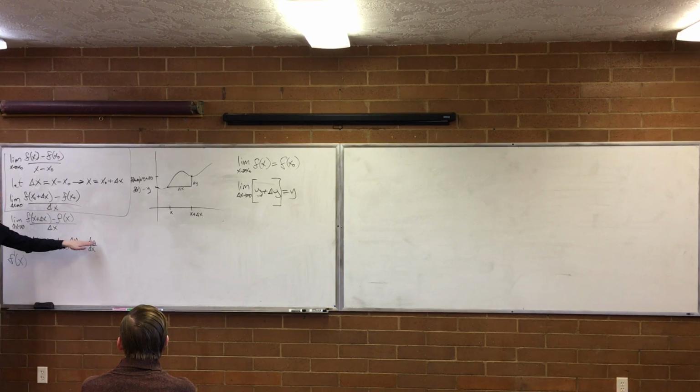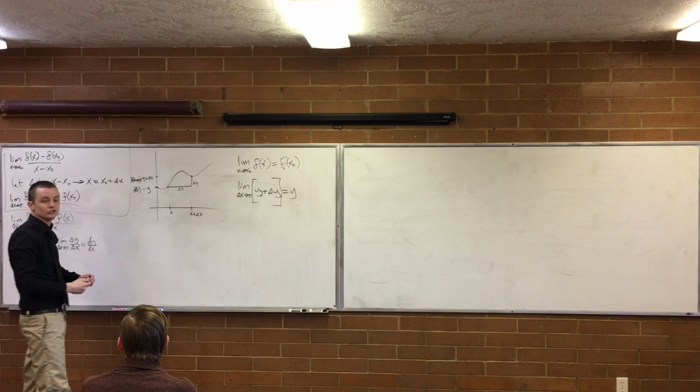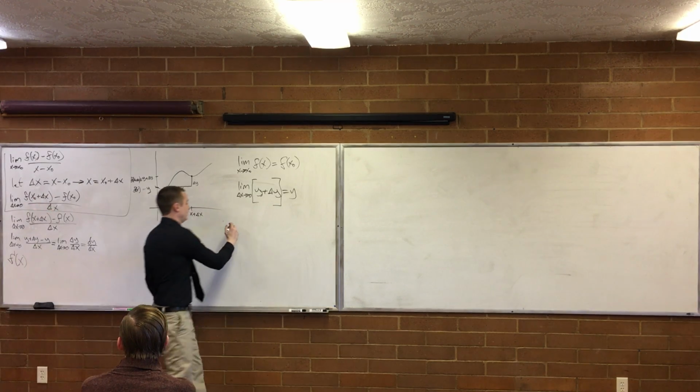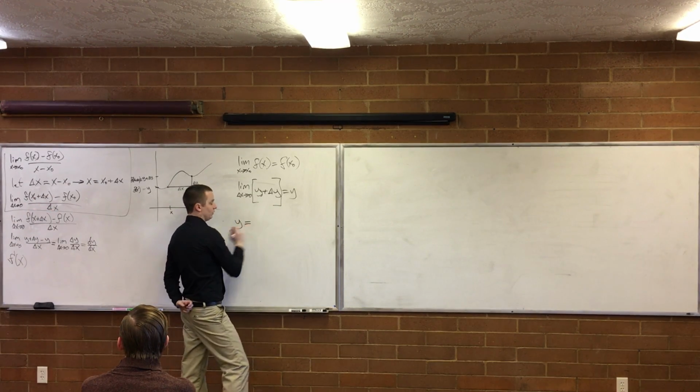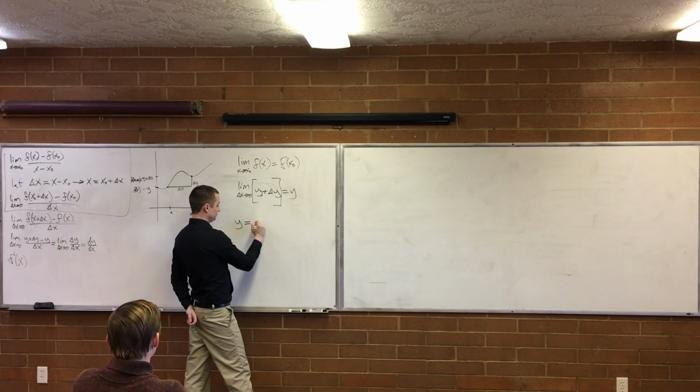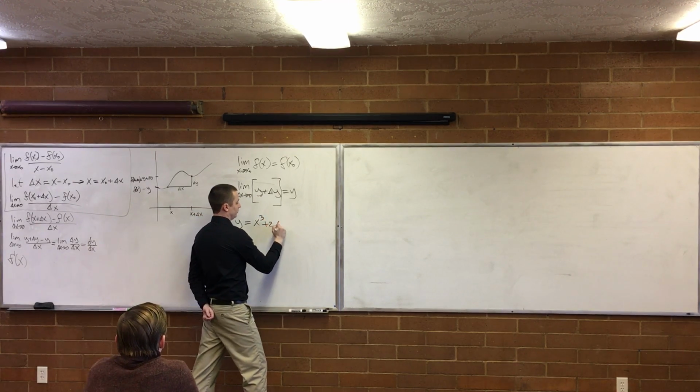y was a function that had x's in it, and we took the derivative of it with respect to x. What do we mean by with respect to x? The things with x's in them are what we were differentiating. So if I say y is equal to, let's just see an example really quick, x cubed plus 2x.